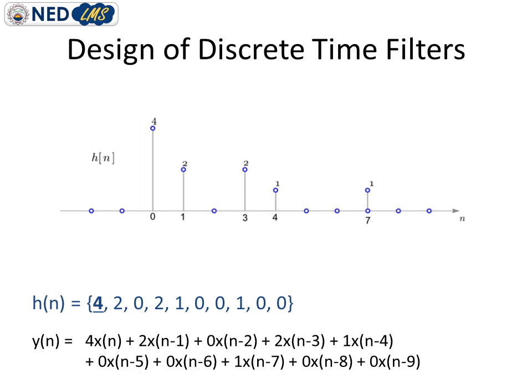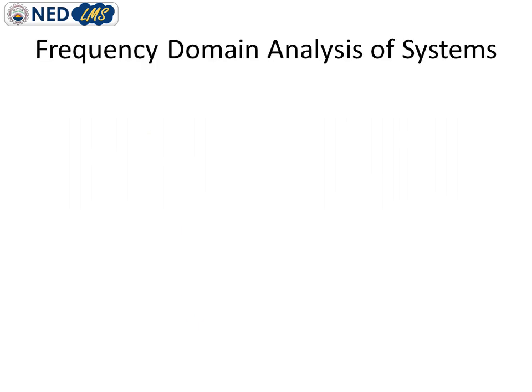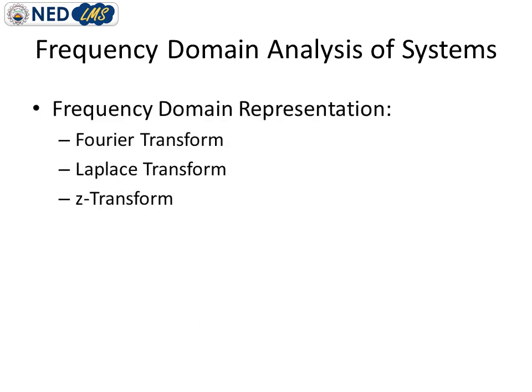So in frequency domain representation, we need to transform our signal, or analyze our signal, in the frequency domain, and obviously for this purpose we need some mathematical tools, and here are the tools written on the slide which can be used for frequency domain representation. First one is the Fourier transform.